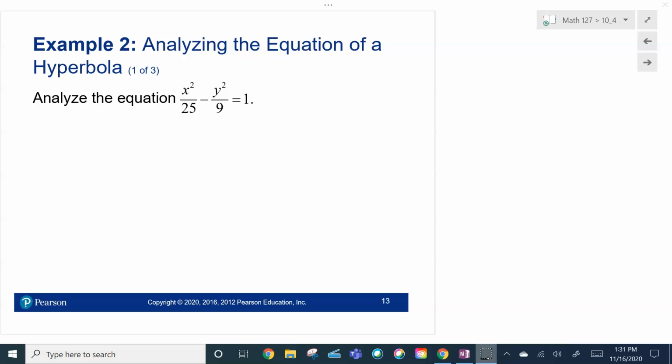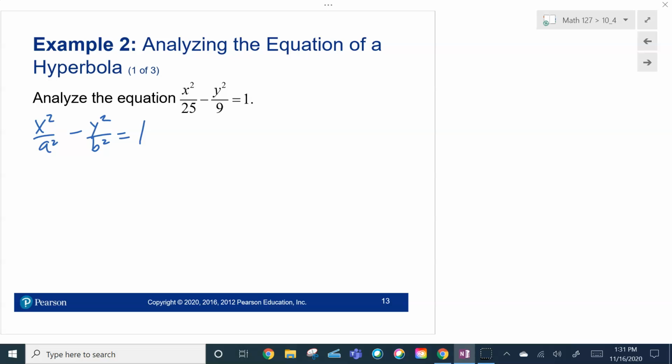All right, let's do some more here. We've got x squared over 25 minus y squared over 9 equals 1. So we've got number 1, we're like, hey, the transverse axis is again along the x-axis.